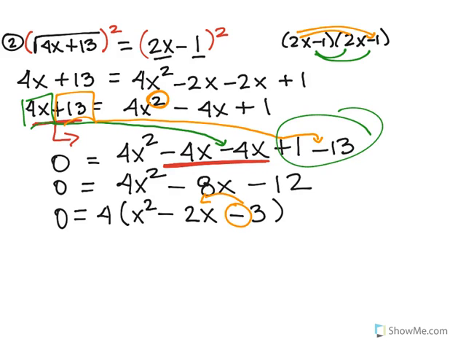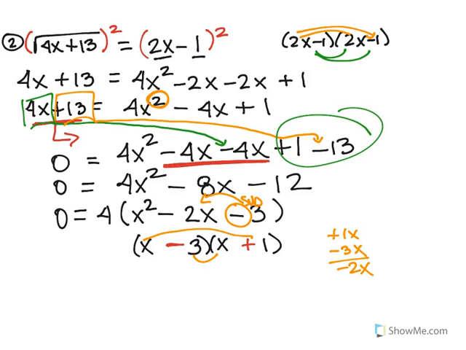I'm going to subtract to get that negative 2. And so I got x's at the front, and the only thing I can use at the back is what? 3 and 1. And since my 2 is negative, who has to be negative? My 3, my 1 is positive. And if need be, go to the side and check that. That's a positive 1x. Negative 3x will make a negative 2x.